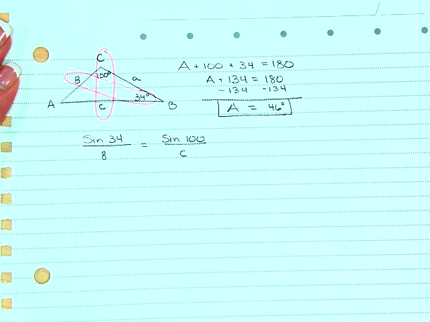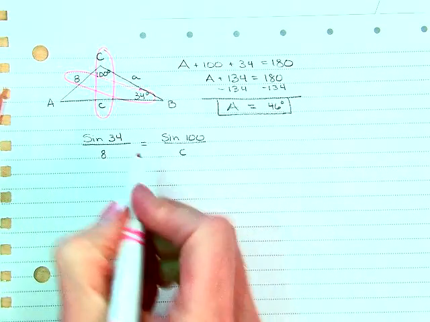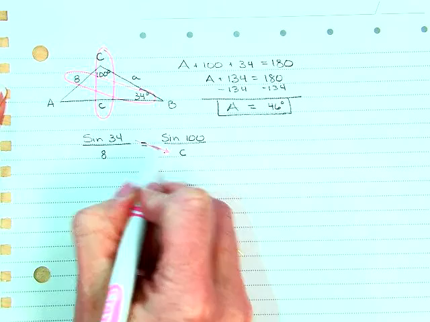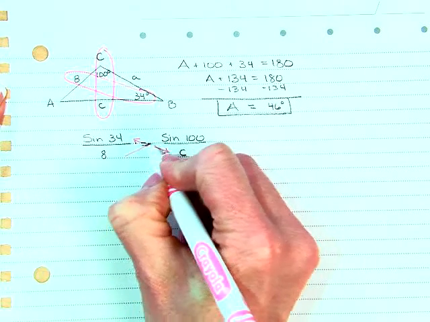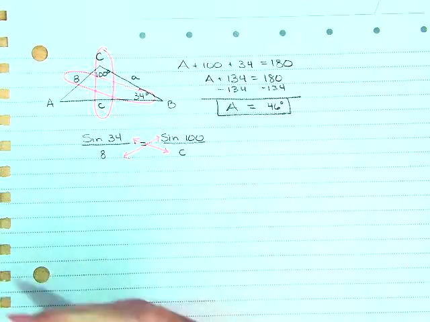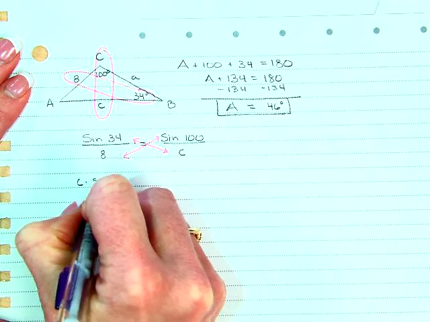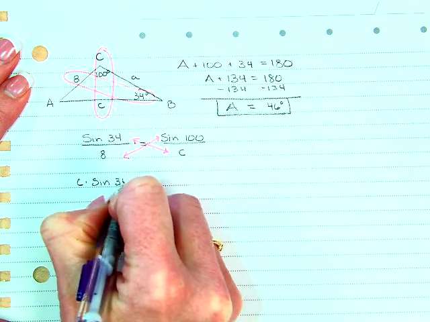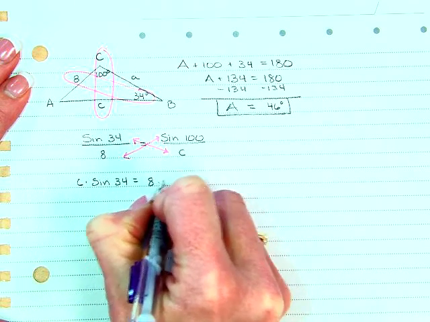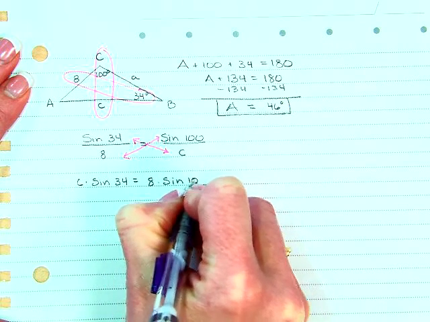So I have a proportion, and all I have to do now is cross multiply. Remember, cross products are equal. So this product is equal to this product right there. This is the equation: little c times sine 34 is equal to 8 times the sine of 100.